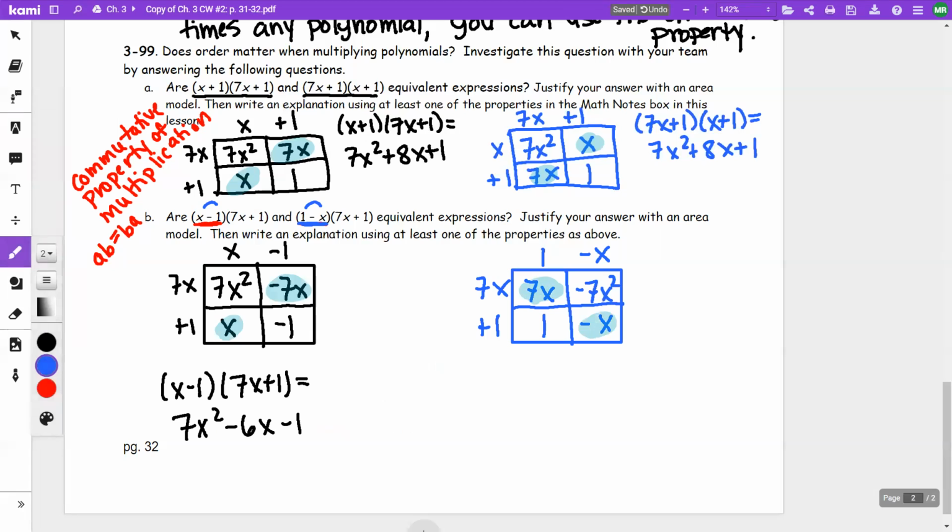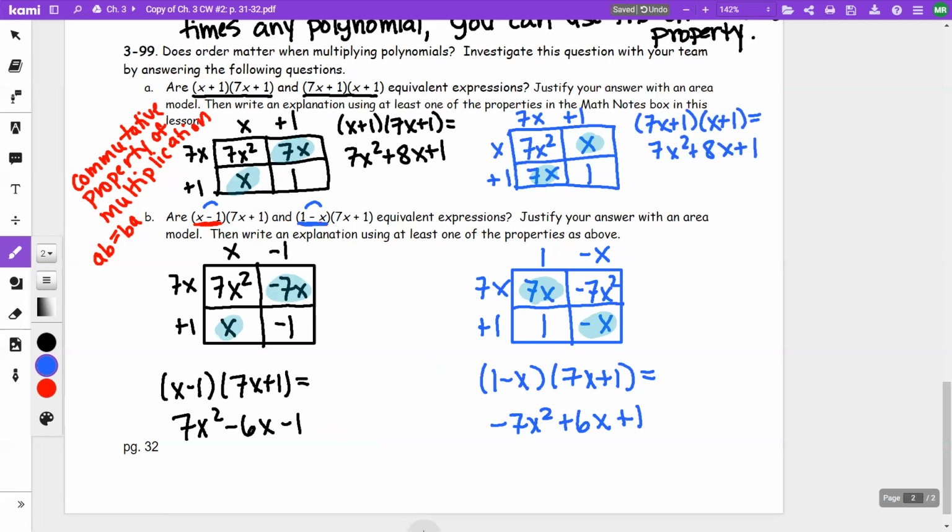So for this one, if I have a 1 minus x instead of an x minus 1 times 7x plus 1, I ended up getting a negative 7x squared, a positive 6x, because it's a positive 7 and a negative x, and a positive 1.